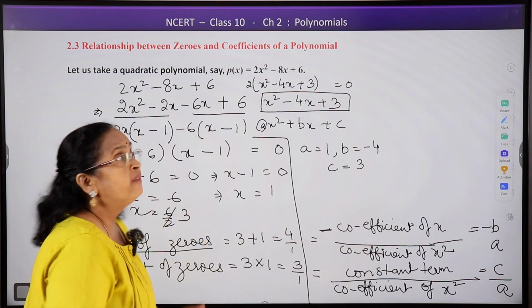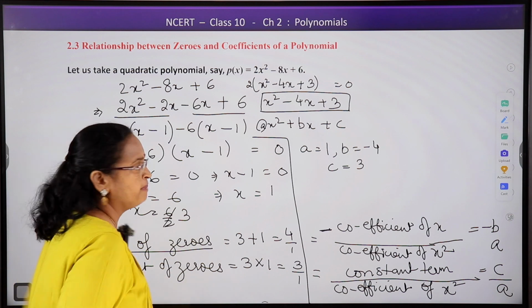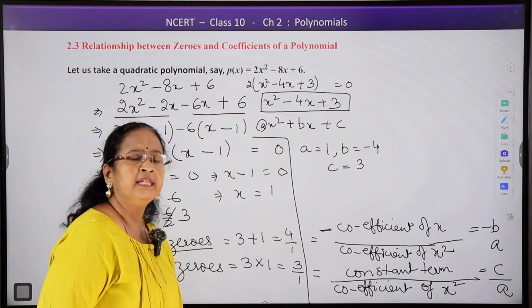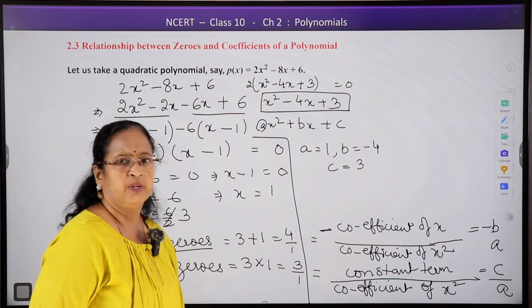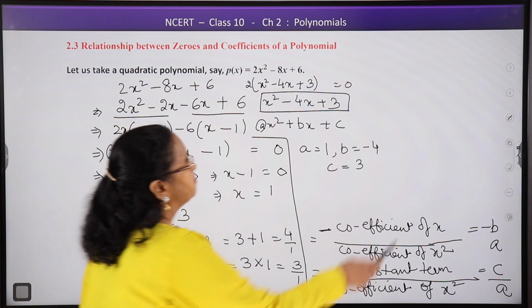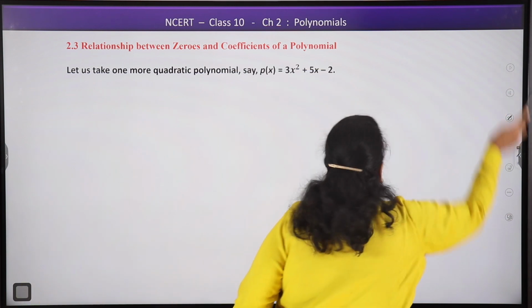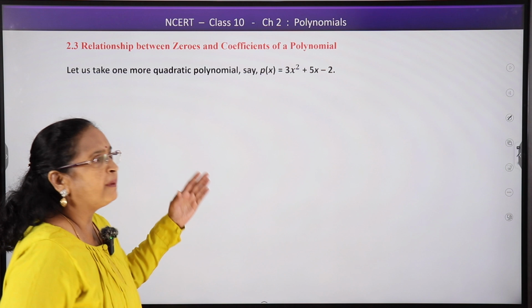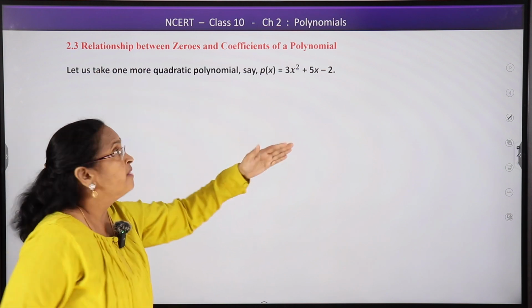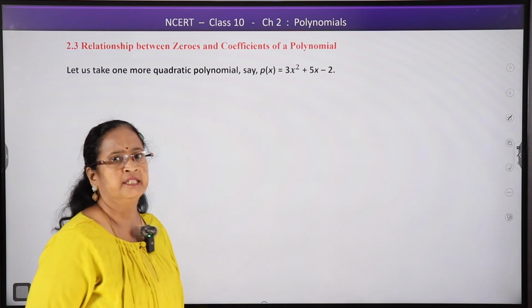This is how we show the relationship between coefficients of a polynomial and zeros of the polynomial. Understood, children? Now coming to the next polynomial, where we will show the relationship again between the zeros and the coefficients, where the polynomial changes.